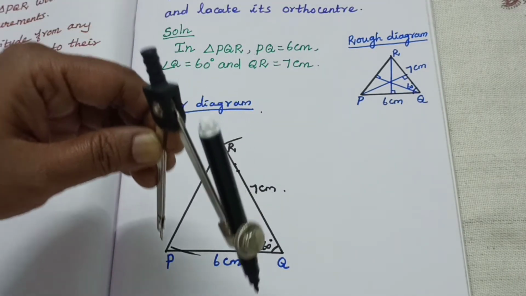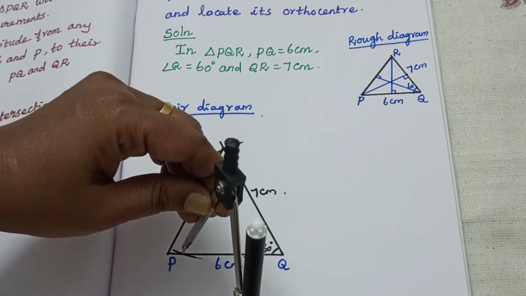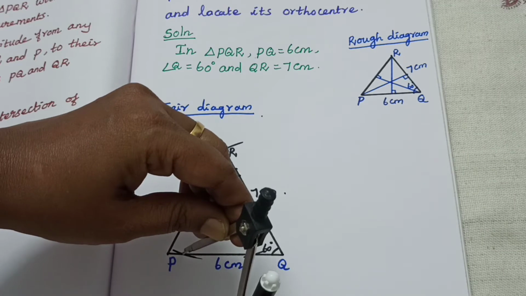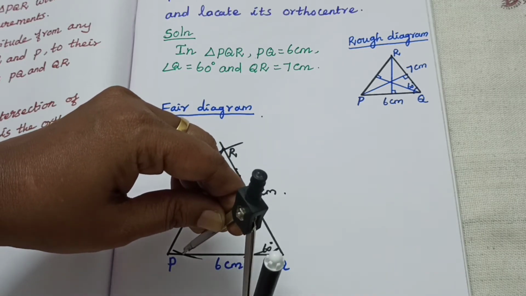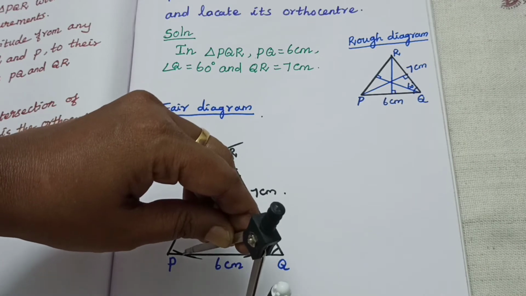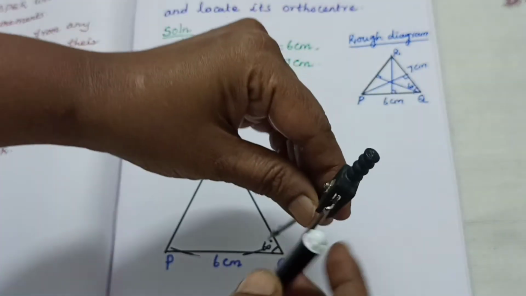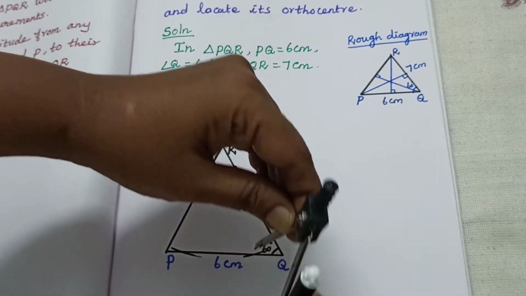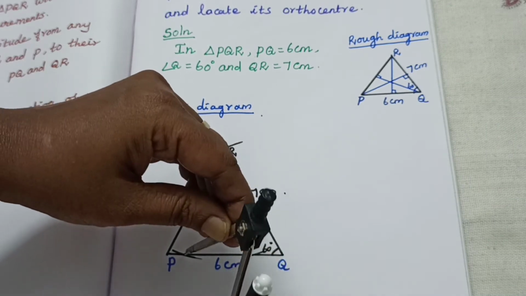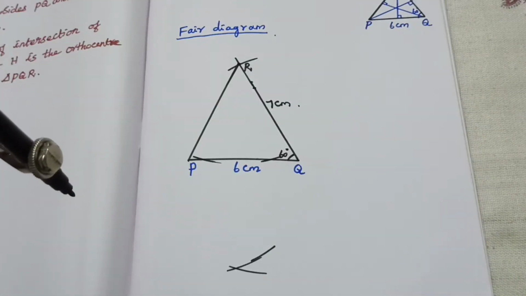Then this arc you keep it here. First arc, from first arc have to draw. Then another one arc down. Okay. From here have to draw the arc.